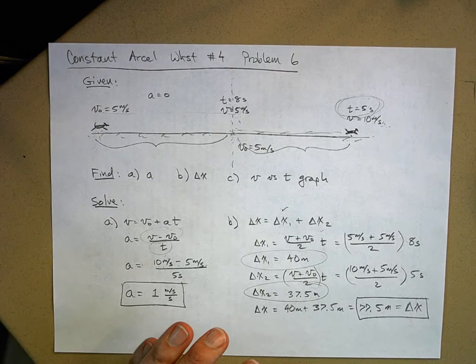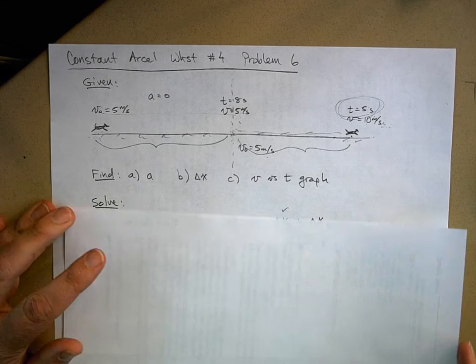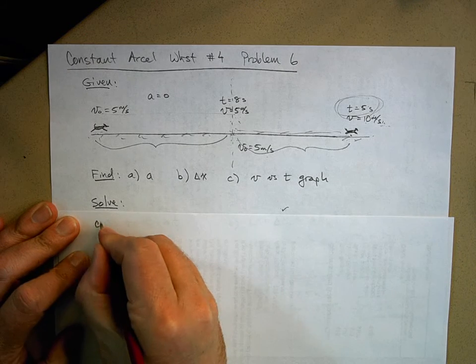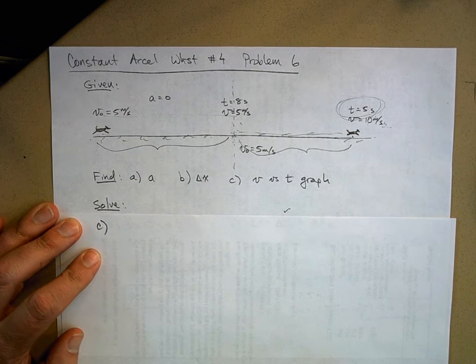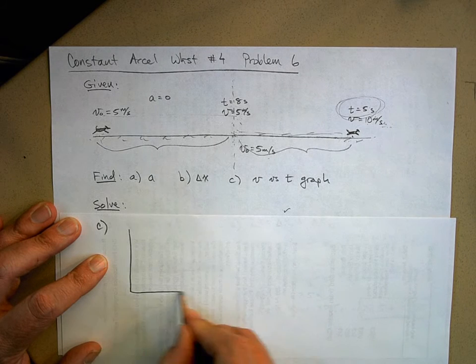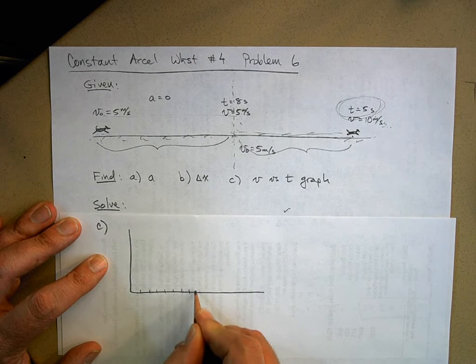Now I need to draw the velocity versus time graph. I need another sheet of paper for that. So let's do part C. Well, we go 1, 2, 3, 4, 5, 6, 7, 8.